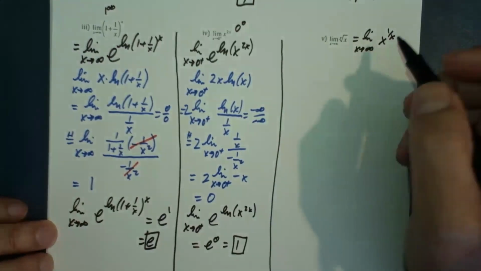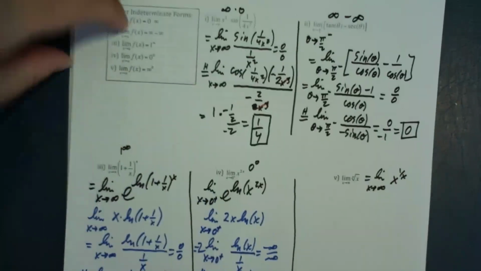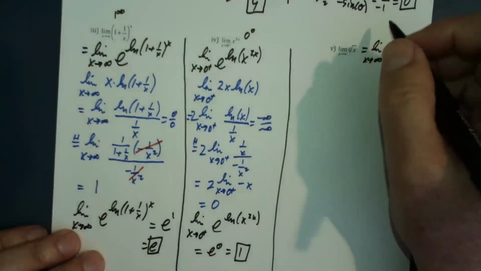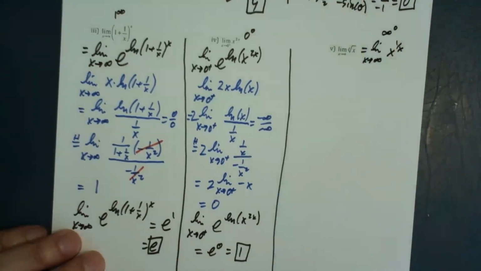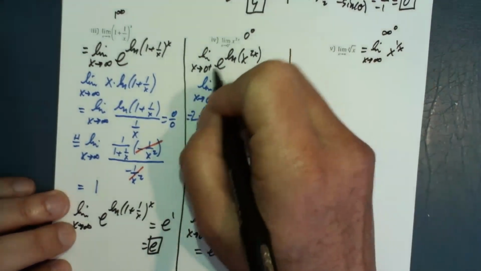This one is going to become, as x goes to infinity, infinity raised to the 0 power. So we're actually at our last type here. So this was infinity to the 0 power. So I'm going to apply the rule again. The same thing, this e to the ln.